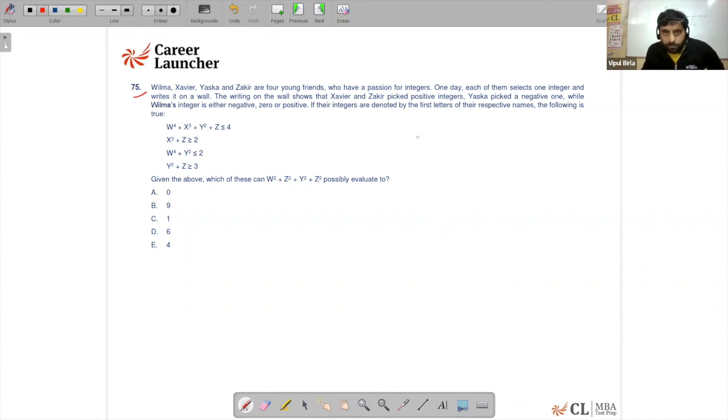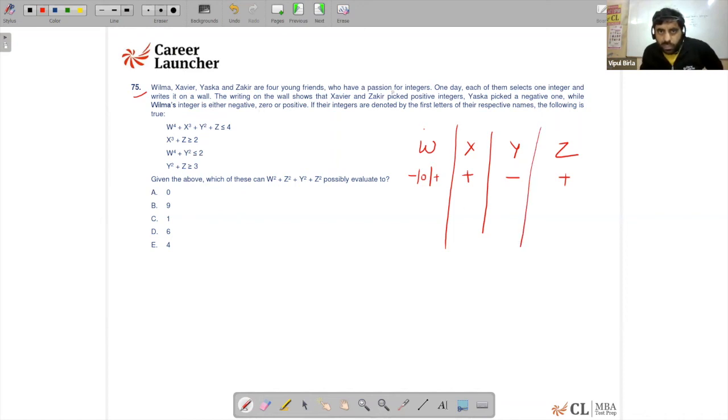Let me write it: Vilma, Xavier, Y, and Z. Positive. Yaska picked a negative number, while Vilma's integer is either negative, or 0, or positive. So nothing is stated about this. Okay.